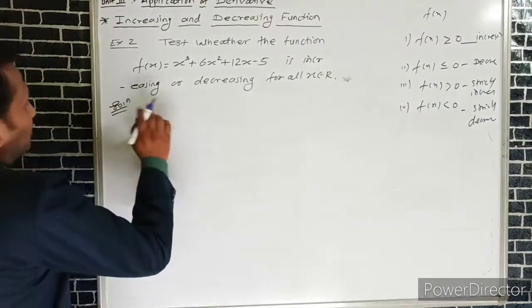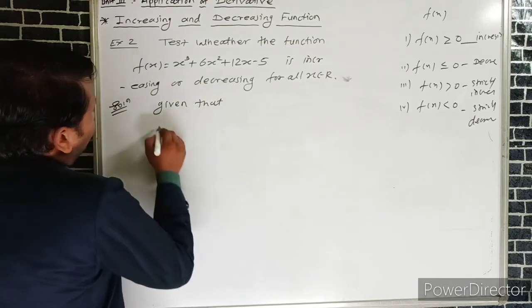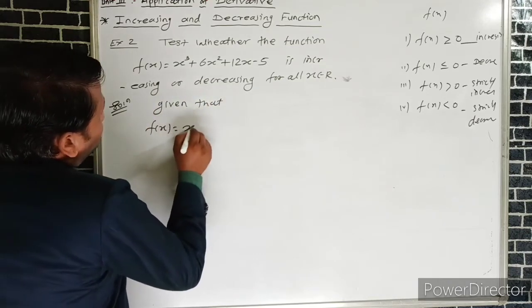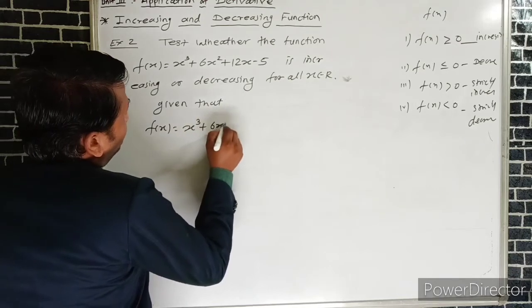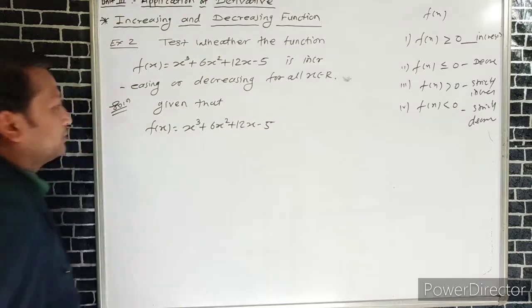So here first we take the given function: f of x equals x cube plus 6x square plus 12x minus 5.